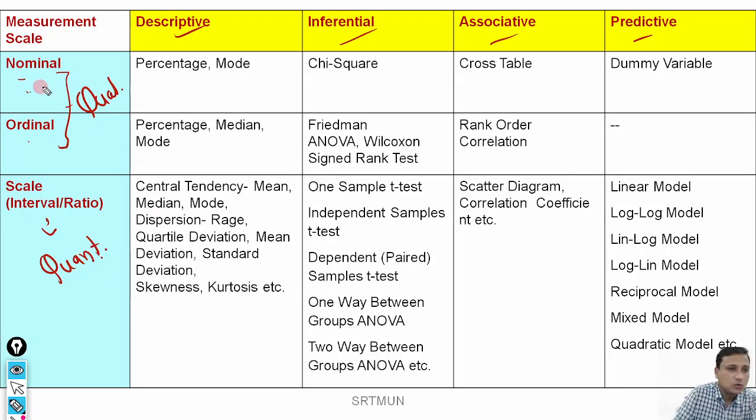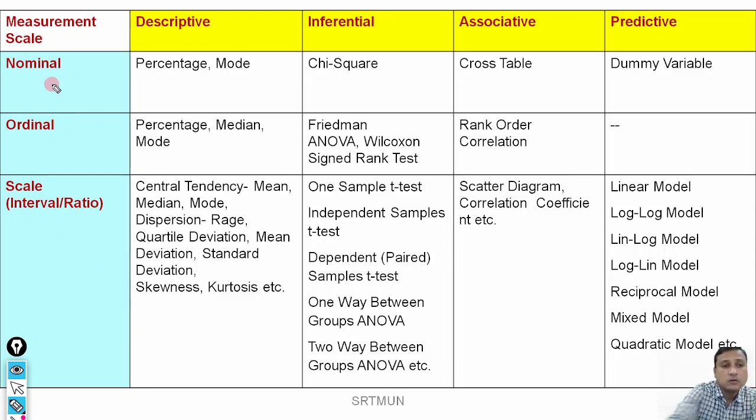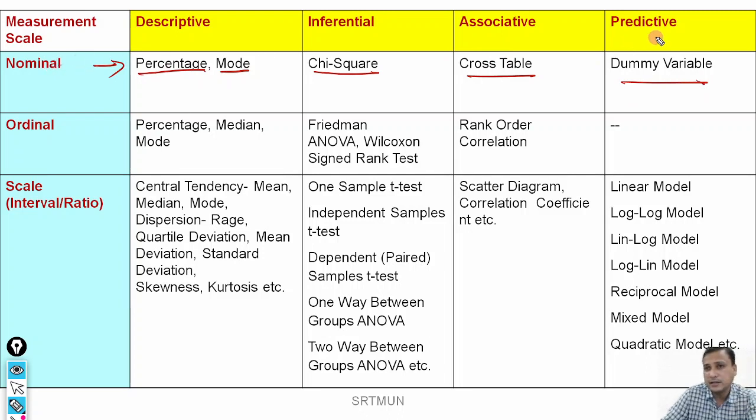Correct. Now, so far the nominal measurement scale is concerned, you can use only percentage and mode in descriptive. You can use only chi-square from inferential, cross table from associative, and dummy variable that you can use from the nominal data in predictive statistics.